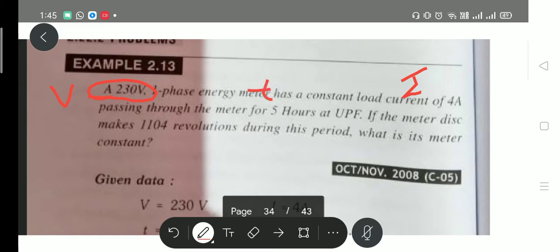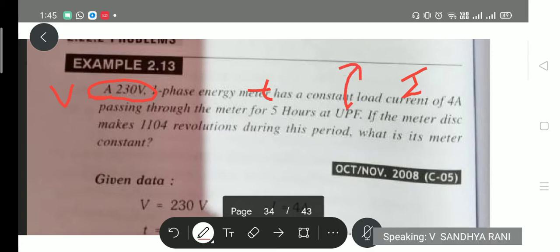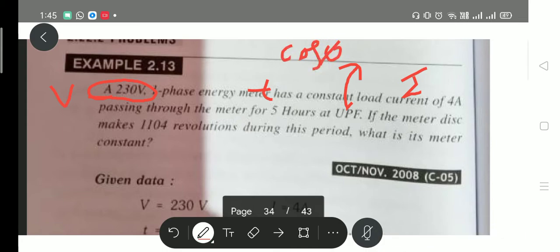Time t is equal to 5 hours and UPF is given. UPF means unity power factor. The power factor is represented as cos phi, and cos phi is equal to 1. Unity means 1.